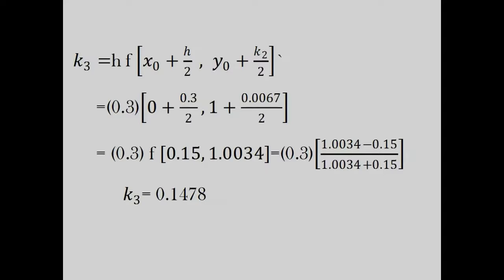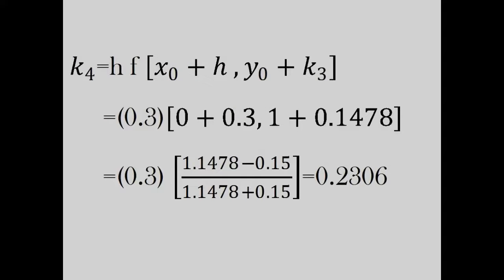So equals 0.3 f of 0.15, 1.0034, equals 0.3 times 1.0034 minus 0.15 over 1.0034 plus 0.15, and you will get k3 equals 0.1478.